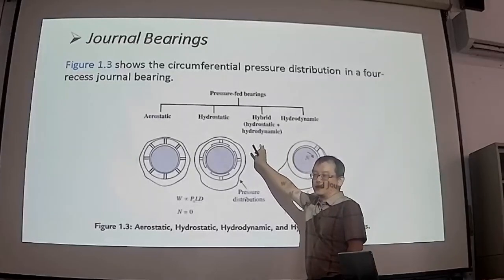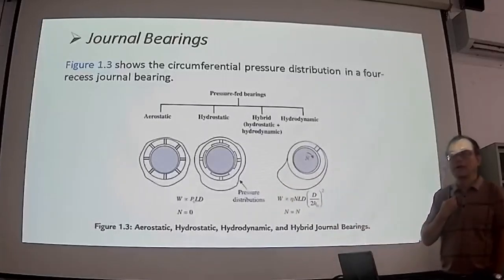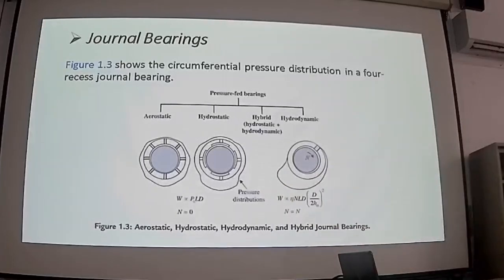So in a machine tool application, when you design your air bearing spindle running at, let's say, 10,000 RPM, you don't need to consider it.